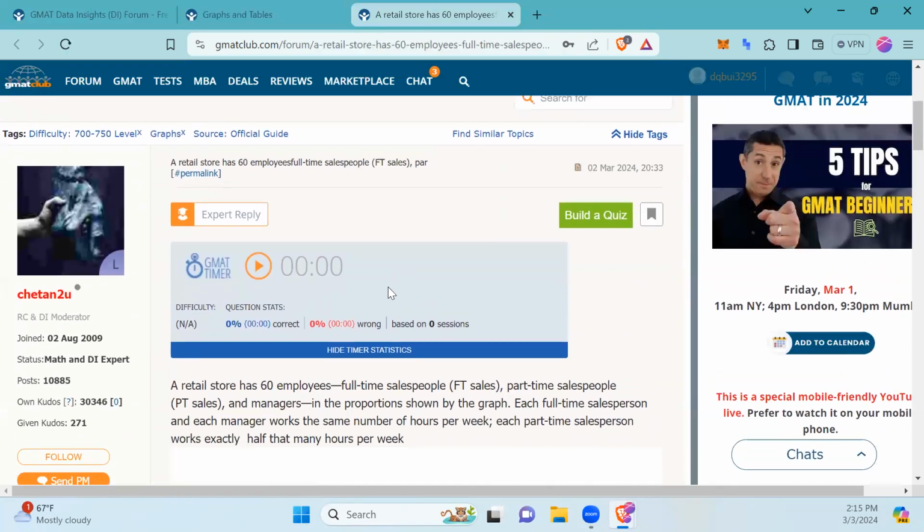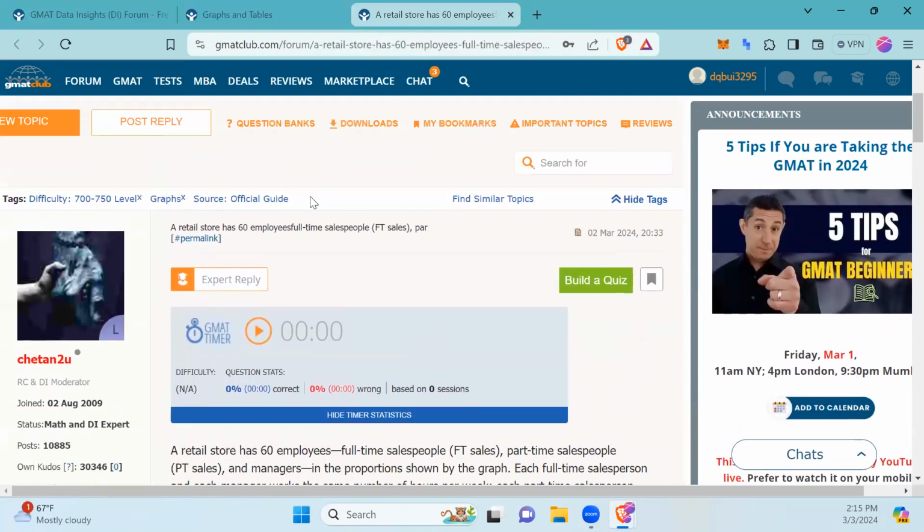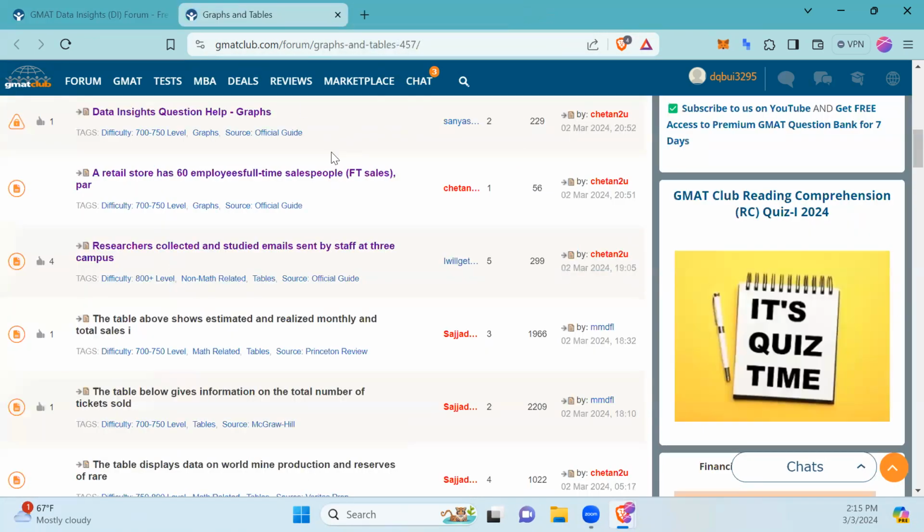Also, a rule of thumb for practicing on GMAT Club, if you find questions that have very low percentage correct, say below 35% correct, then you can skip that question because it's usually not realistic. Try to find questions that have the source explicitly stated as official guide or GMAT prep.